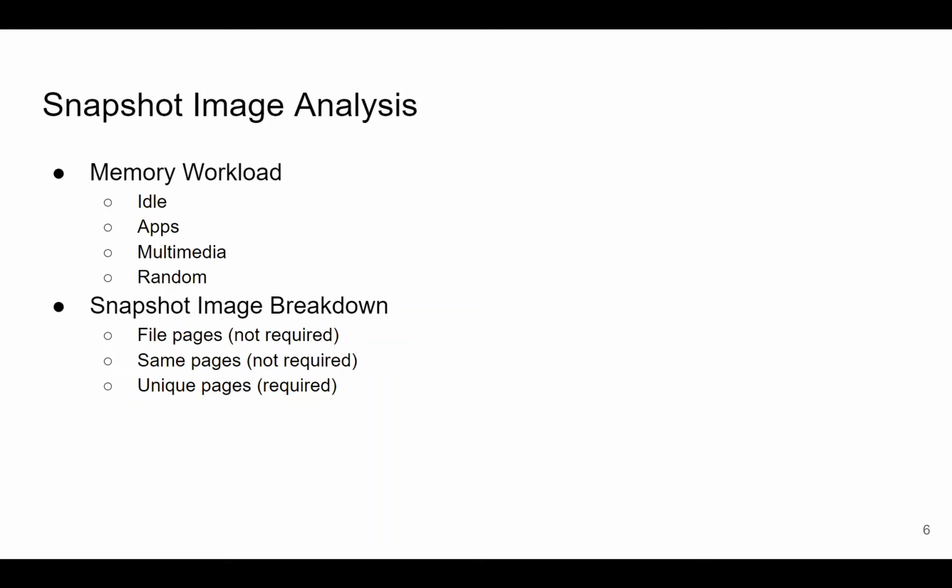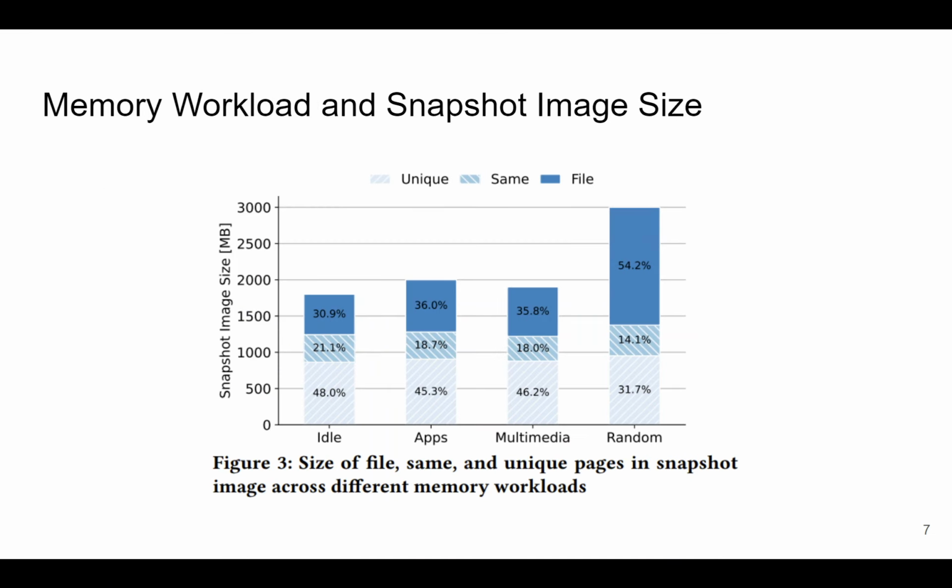Here a page means the basic unit of the memory system. To study the characteristics of the pages, we first observe the usage of each page in the system and categorize them into 3 groups. This chart shows the result of our experiments on how each workload affects page sizes of a snapshot image. It shows the size of file, same and unique pages of a snapshot image across different memory workloads.